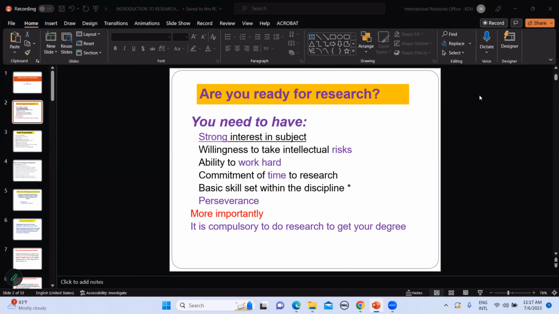K.N. Vijayaratna, are you there? Okay, 33, please talk to me. Nirmani, are you there? Can you hear me? Students? Yes, sir. Please give me the answer. Why is it compulsory to do the research to get your degree?